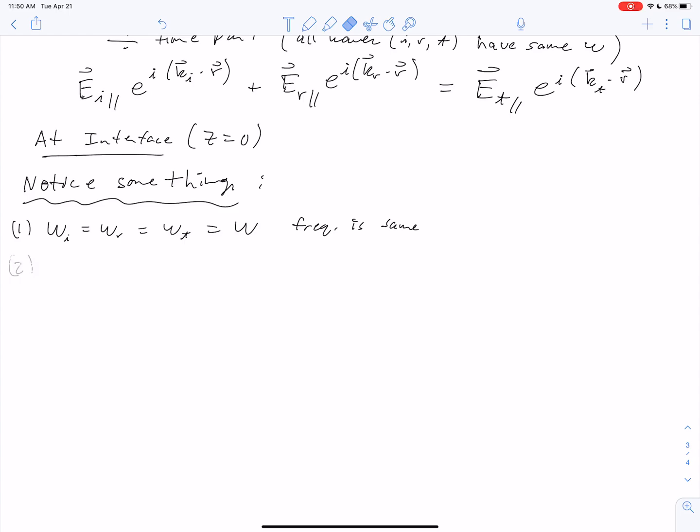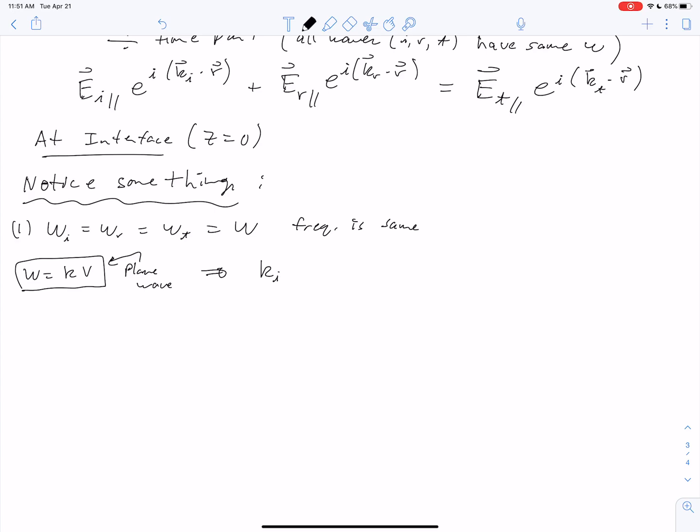But if the frequency is the same, then that leads to something very interesting, because we know that omega is equal to kV for a plane wave. We know this to be true. And so that means that if the frequencies are the same, then these products are the same.